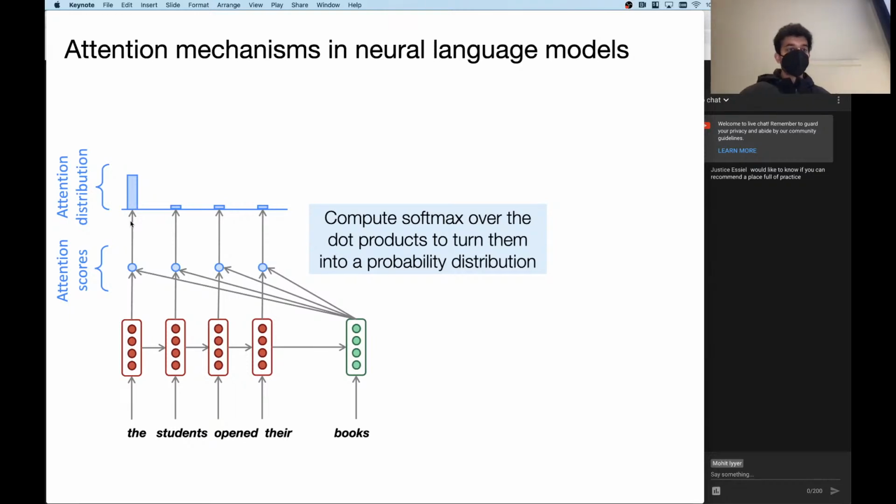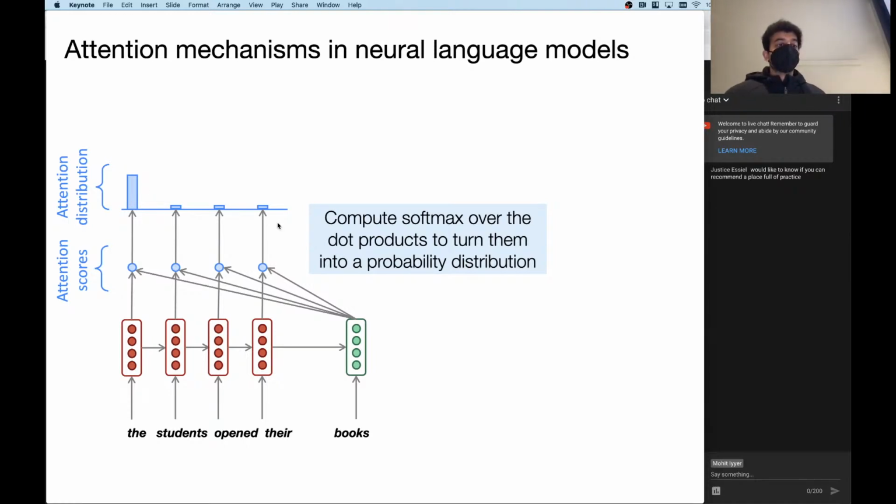So here, it looks like this model, for some reason, thinks that this first hidden state is very important to making the next prediction, and that none of these are very useful. This is just a random example. The attention scores may not look like this at all.